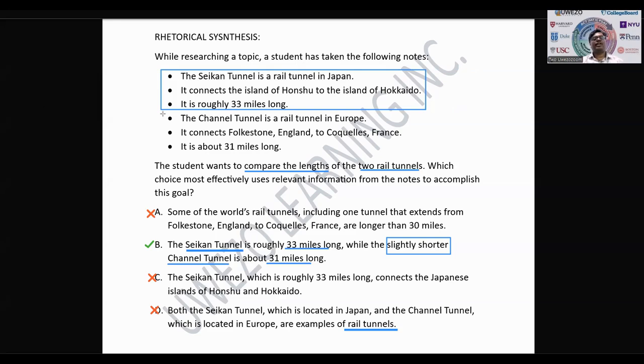It connects Folkestone, England to Coquelles, France. Again, talking about where it connects. So the first 2 points are similarities. The last point here talks about the length, and it is about 31 miles long. So only option B is completely supported by the notes. So the right answer has to be option B. Remember, notes are secondary. The primary thing is the question and the answer choices.